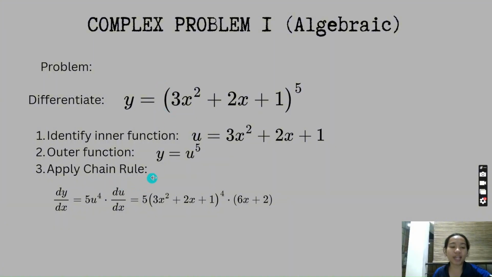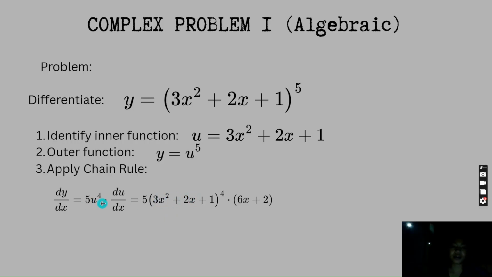Now to apply the chain rule, the first thing that we need to do is to get the derivative of the outer function, which is u to the fifth, and applying the power rule, that will be equal to 5u to the fourth.